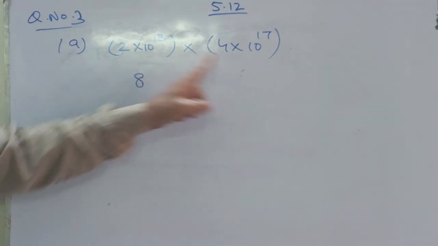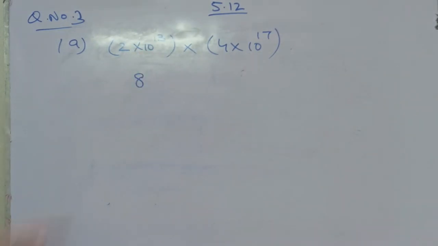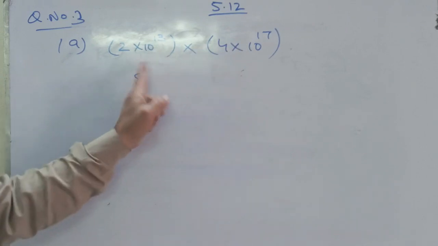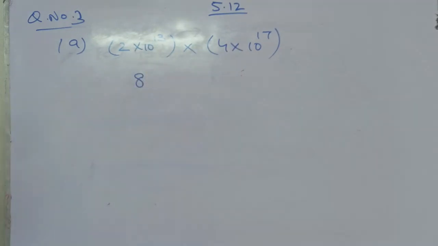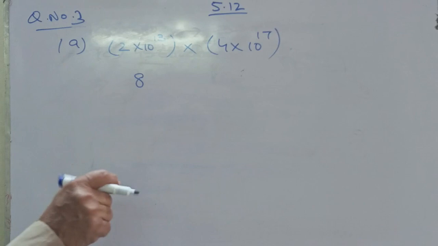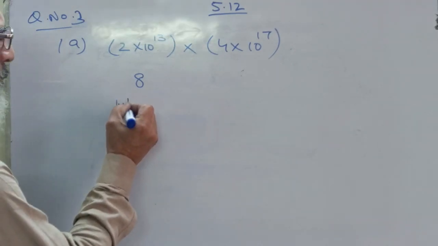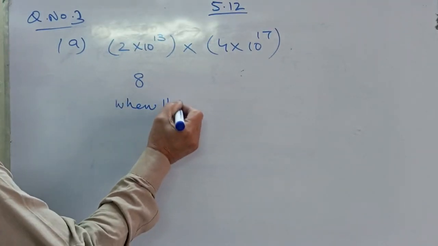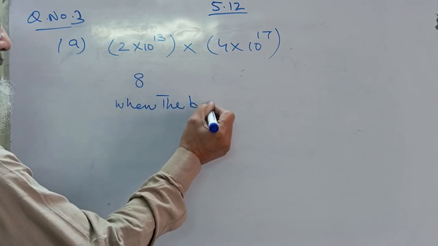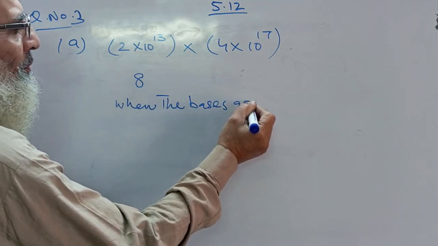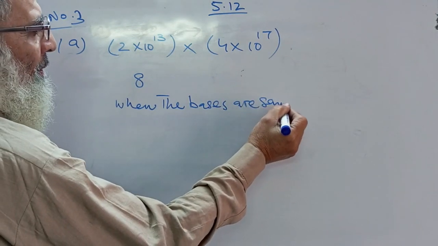Now when the bases are same, I have already told you, now these bases are same and these are also being multiplied. When the bases are same and these are multiplied together, then the powers are added together.